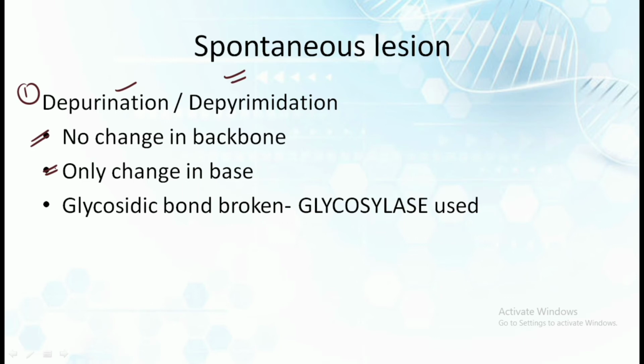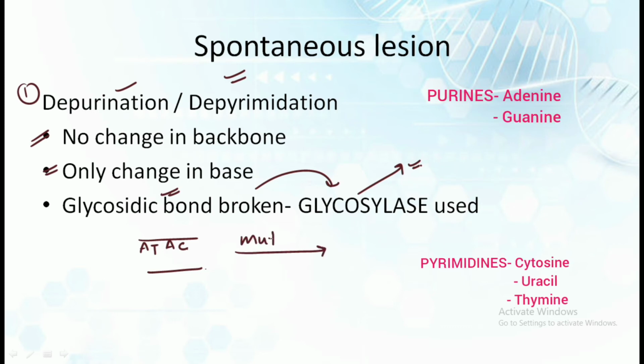In this case, because the glycosidic bonds get broken, there occurs the usage of a glycosylase. Make sure you remember about this particular enzyme. So let's understand this. Consider this is the pattern which we are using. So we have ATAC, just consider it as an example, and now there occurs a depurination.